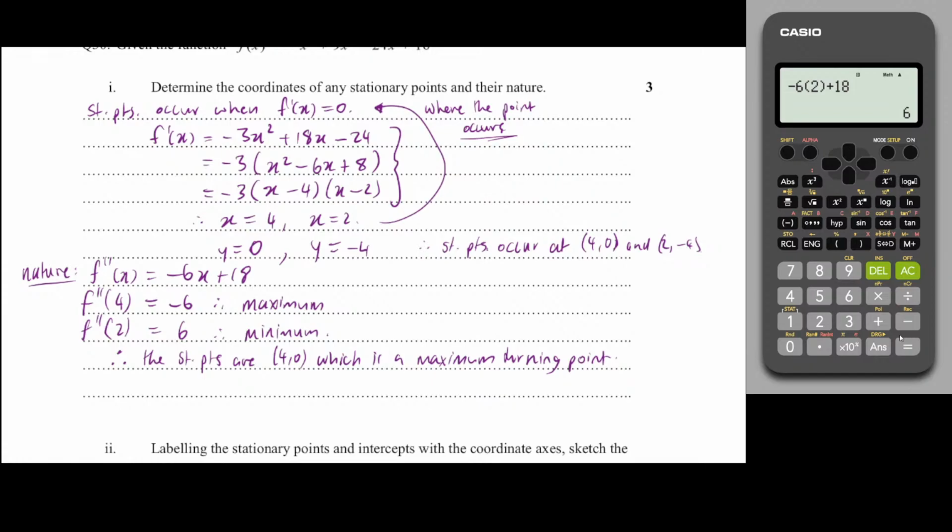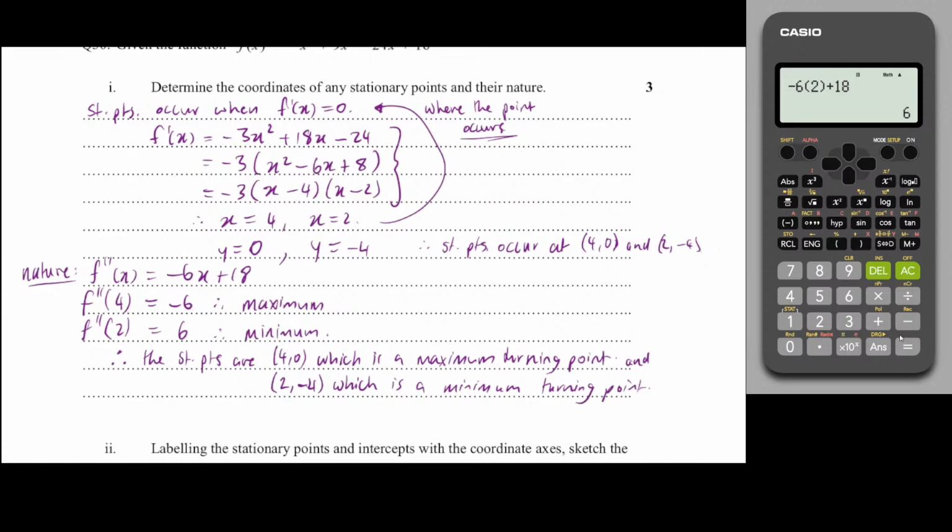It's a stationary point that's not horizontal, so it is a maximum turning point. And we've got 2, negative 4, which is a minimum turning point.